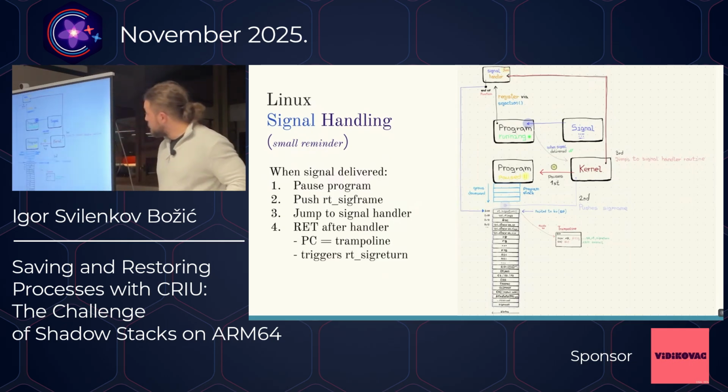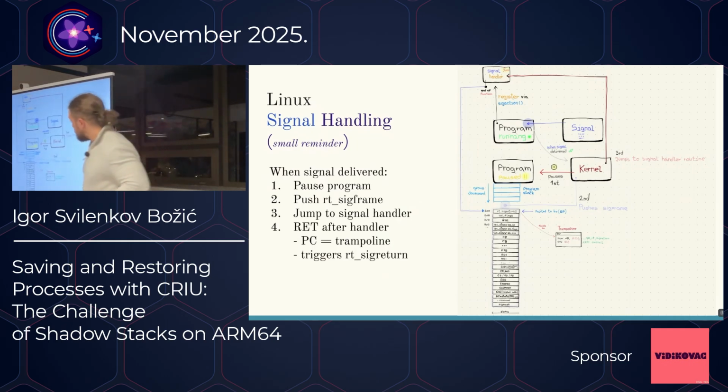Signal handling in Linux, this is kind of off topic, and we will get back to GCS, but just to repeat what's going on here: your program is running, you get a signal, and the kernel stops your program and pushes this sigframe.